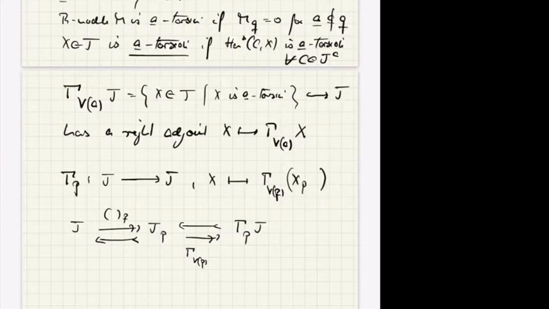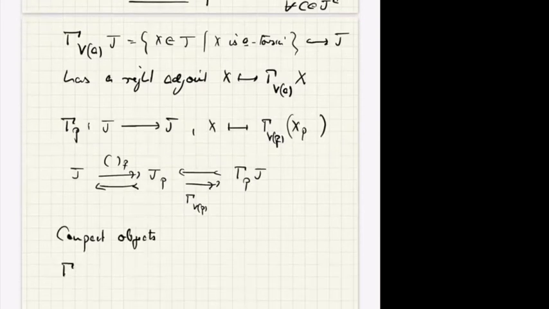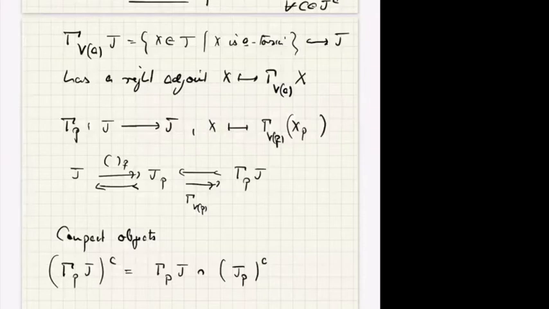So what are the compact objects? Well, the compact objects we can control pretty well. If we look at this subcategory gamma p of T, and we are interested in the compact objects, we intersect the p-local p-torsion category with the compact objects in T P. The localization takes compact objects to compact objects, so this behaves nicely with respect to compact objects.